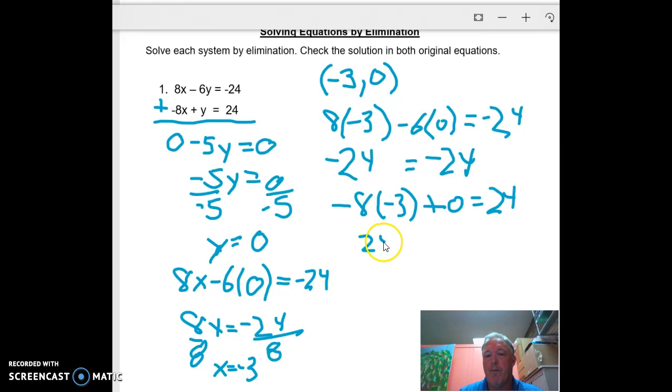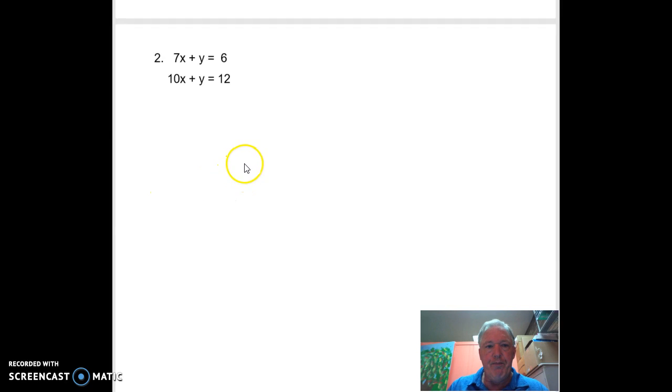It's 24. And 24 plus 0 is still 24. So we found the solution, we plugged it back into both equations, and so our final solution using elimination is negative 3, 0.